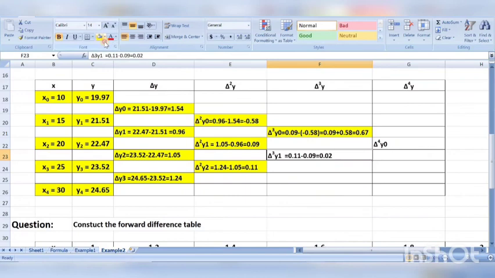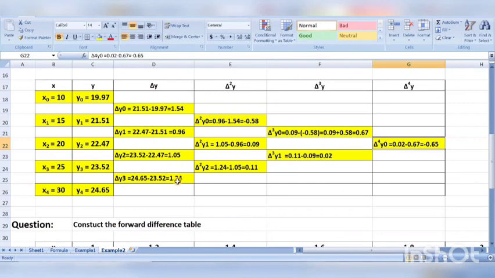So we have got this difference. Now the last one is equal to 0.02 minus 0.67. So what is it? Minus 0.65. So in this way you can complete the table using the formula table.